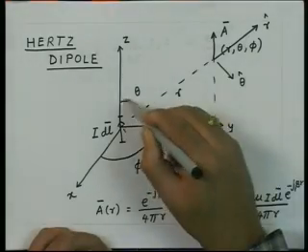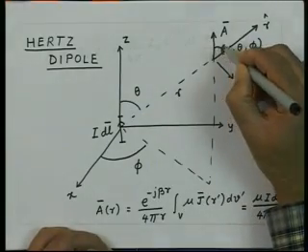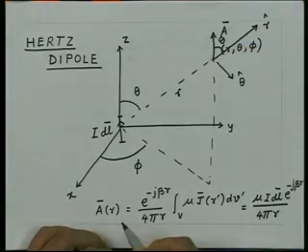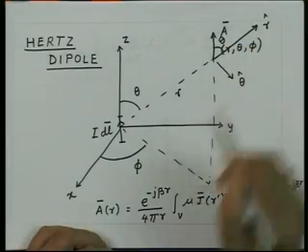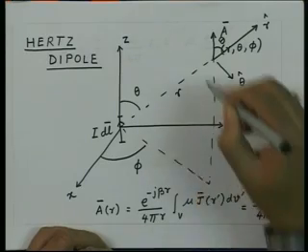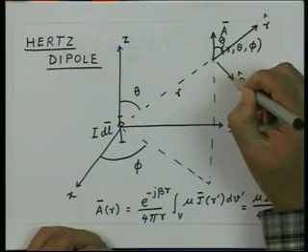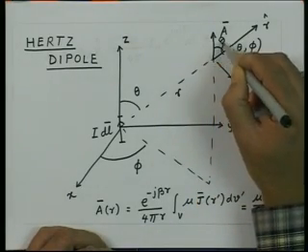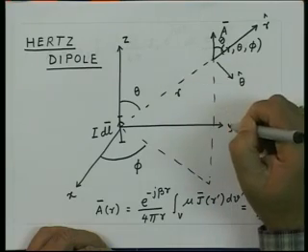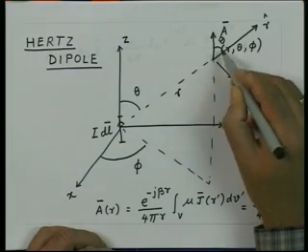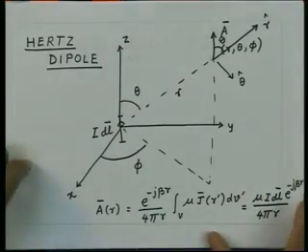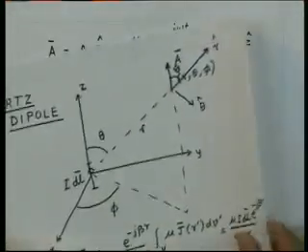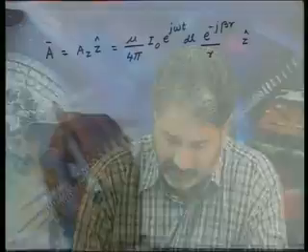Since this angle is theta, this angle is also theta. So, this component will be A z cos theta, and this component will be the negative of A z sin theta. So, you will have the theta component which is minus A z sin theta and the r component which is A z cos theta. From here we get the components for the spherical coordinate system.